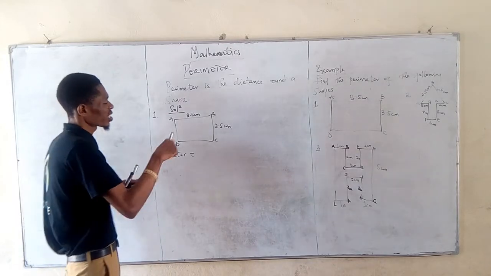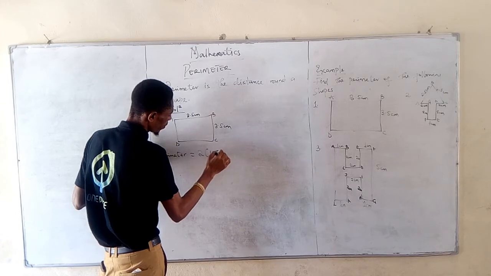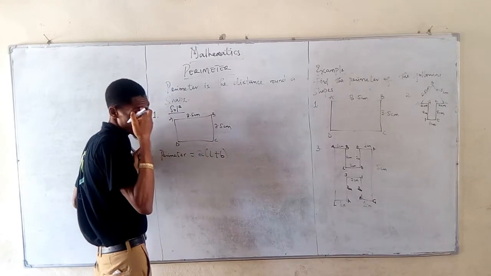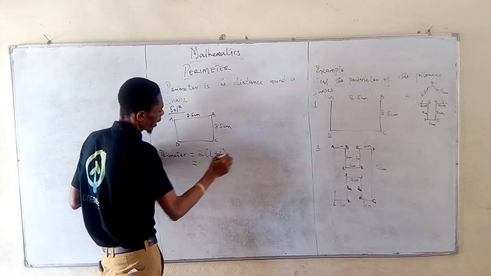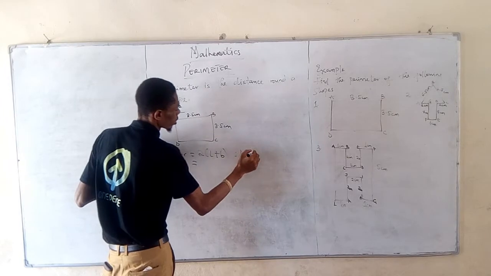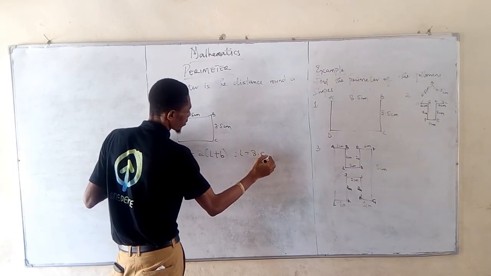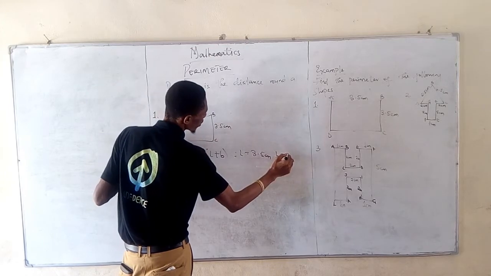Yeah? So this is a rectangle. Perimeter of a rectangle is 2 into L plus B, just like the one we've gotten already. 2 into L plus B, which is equal to, what is our L? Our L is equal to the length, which is what? 8.5 cm. And our B is equal to what? 3.5 cm.